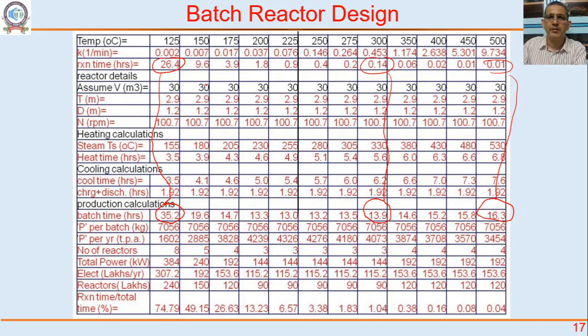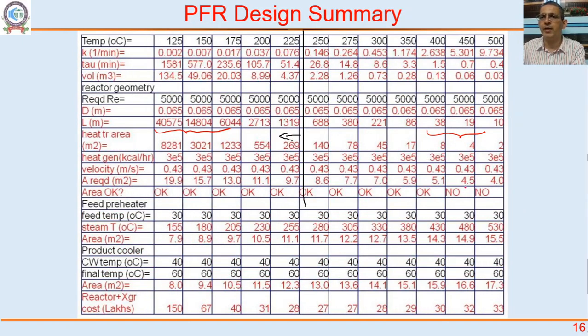Look at this. 30 meter cube, 5 reactors. 30 meter cube, 4 reactors. This is my dividing line. Whereas at high rate constants, so much volume is required, so much cost is required as compared to plug flow, which is very convenient.